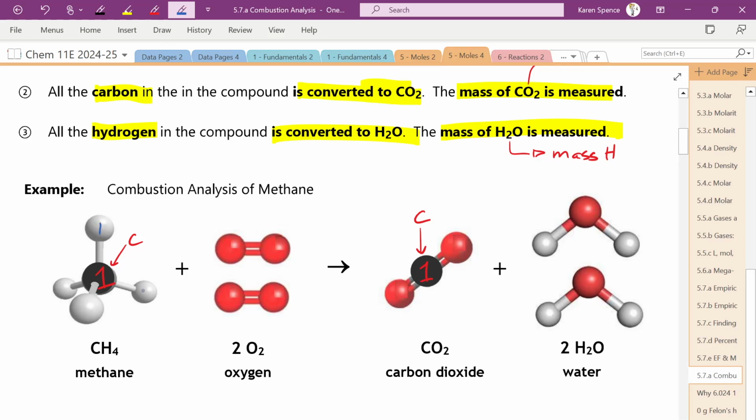We have 1, 2, 3, 4 hydrogens, and over here we have 1, 2, 3, 4 hydrogens. So this is just to illustrate that all of the hydrogen has become part of water and all of the carbon has become part of carbon dioxide.